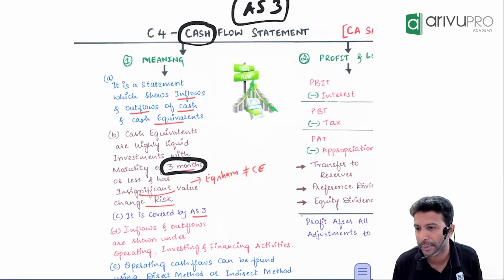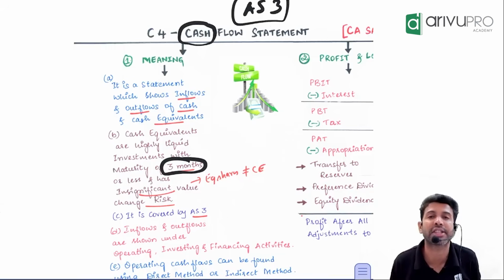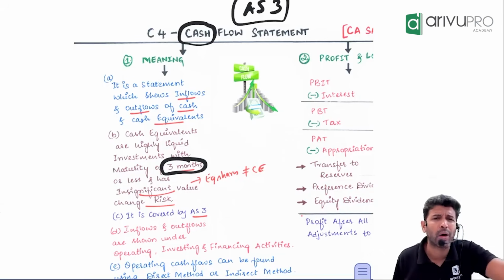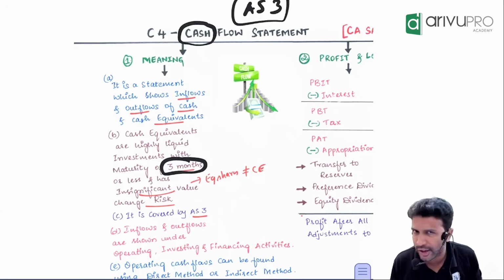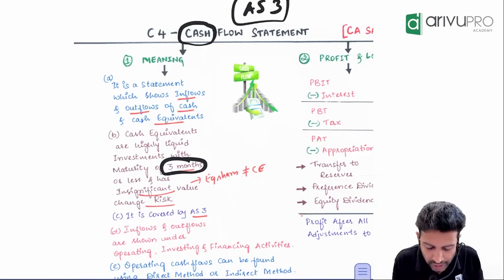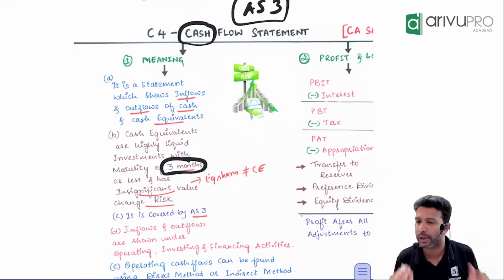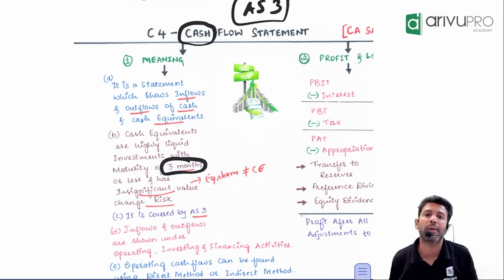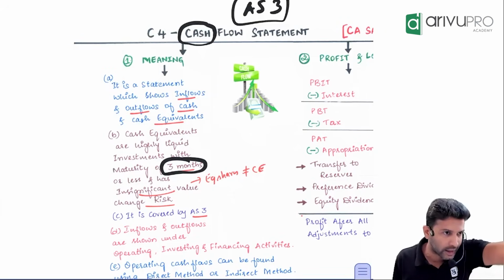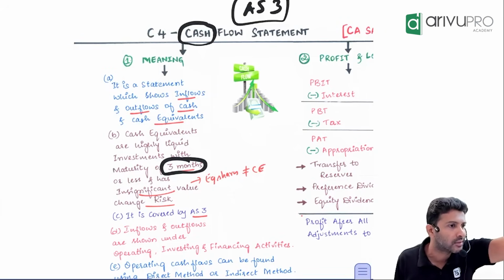Which investment is a cash equivalent then? Suppose you purchased government securities, RBI bonds, central government bonds. Their value will not fluctuate too much, so they come under cash equivalent. So a cash equivalent should be highly liquid, meaning you should be able to sell it easily.